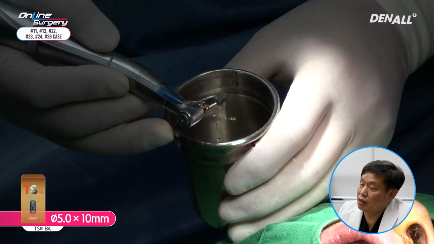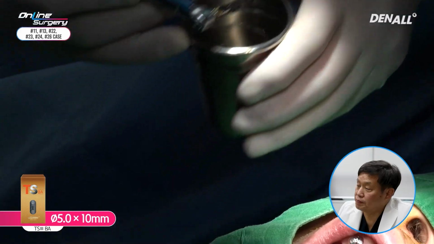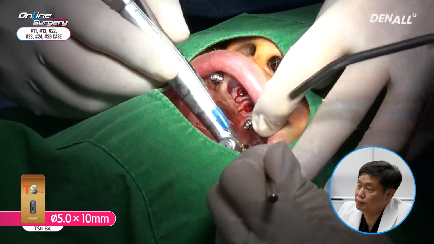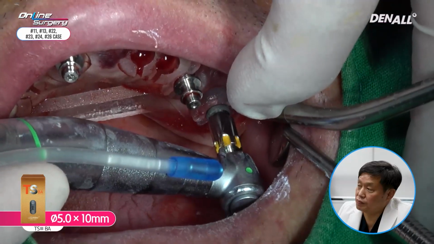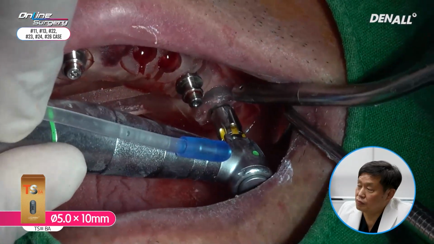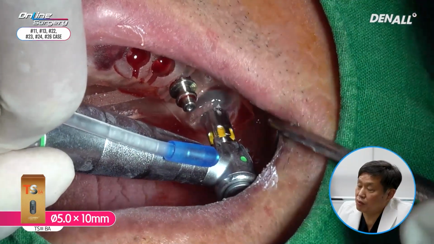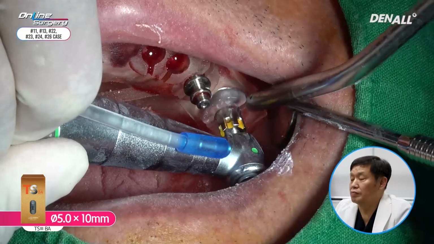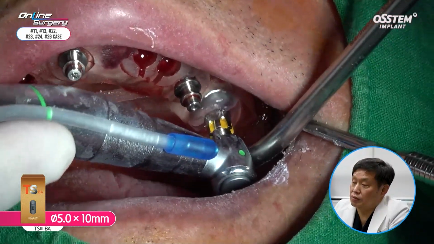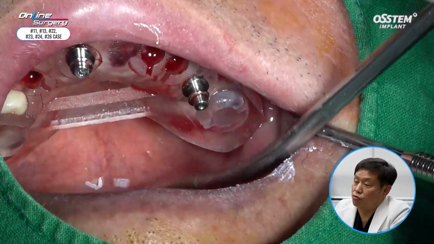The TS3 5.0 by 10 millimeter implant. The bone quality was quite favorable. The implant was placed about 60 to 70% using the engine.